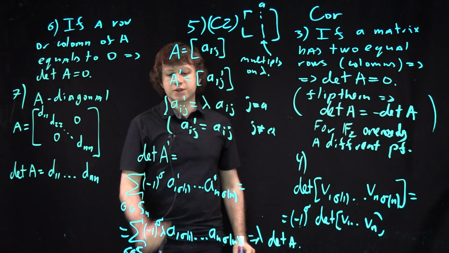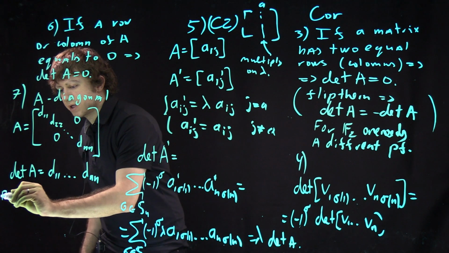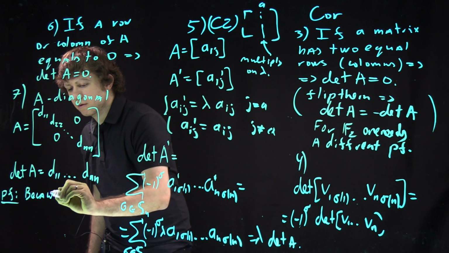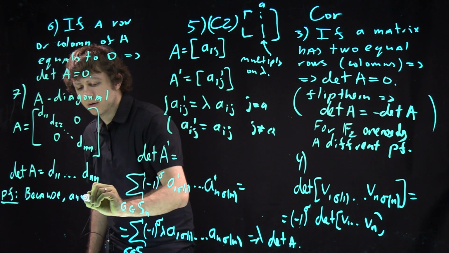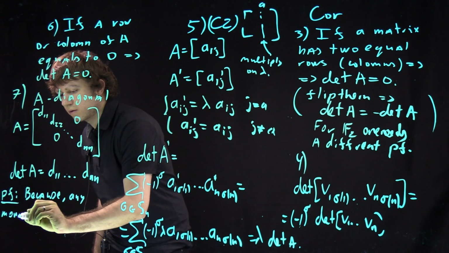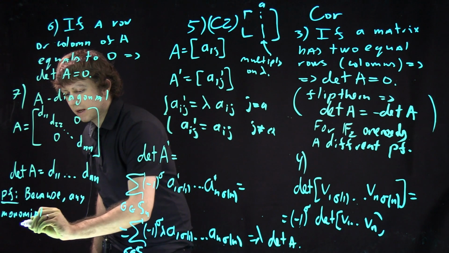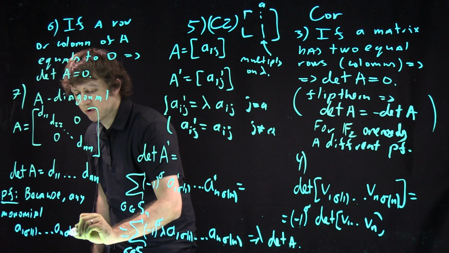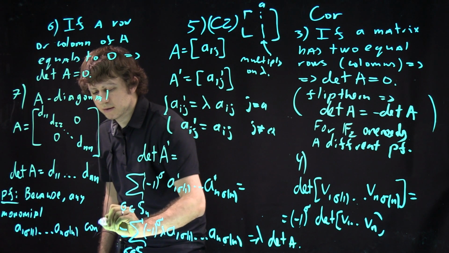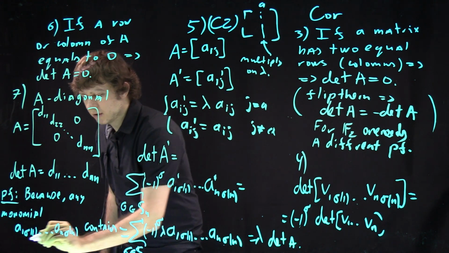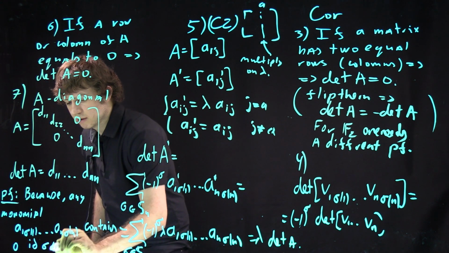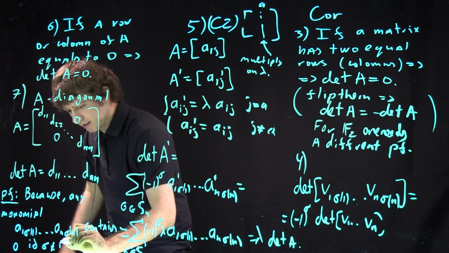And the proof is because any monomial A1 sigma of 1 to An sigma of n contains 0 if sigma is not the identity.